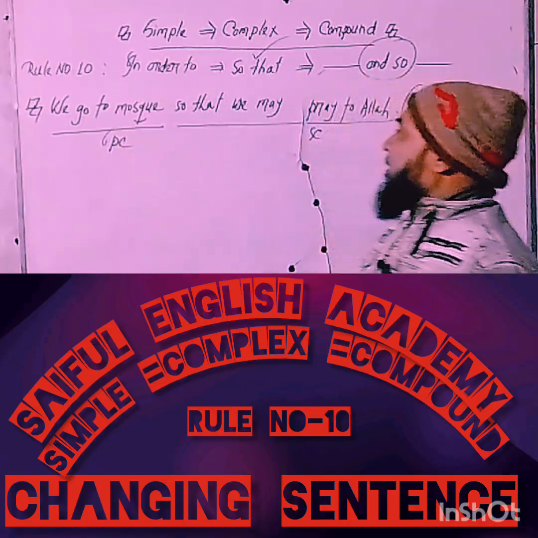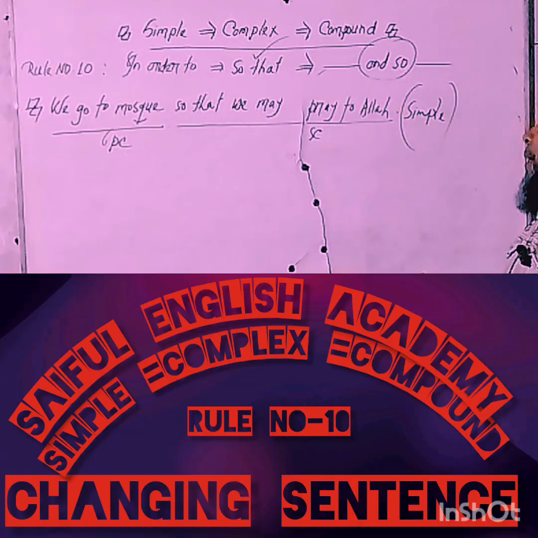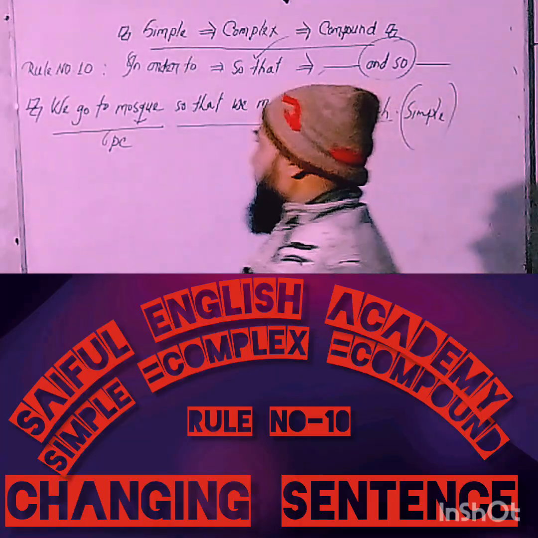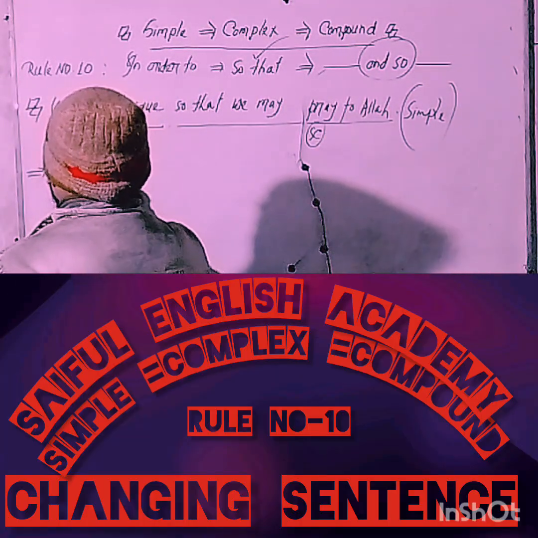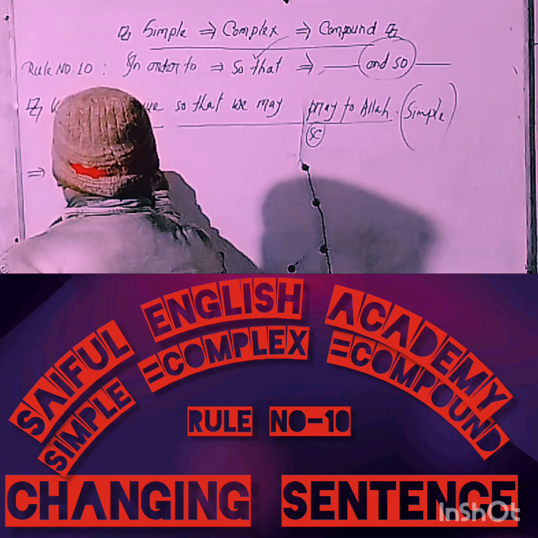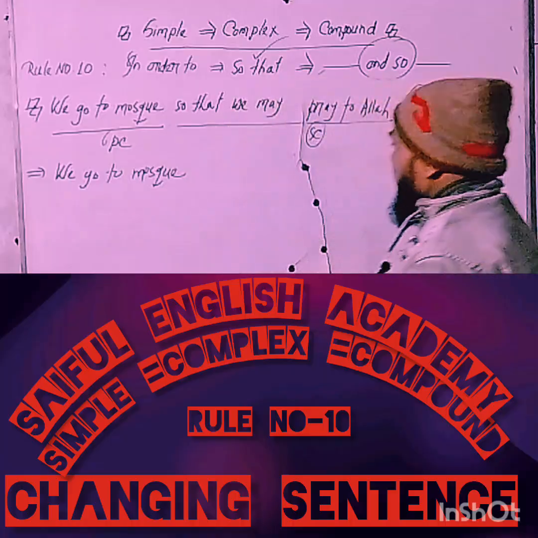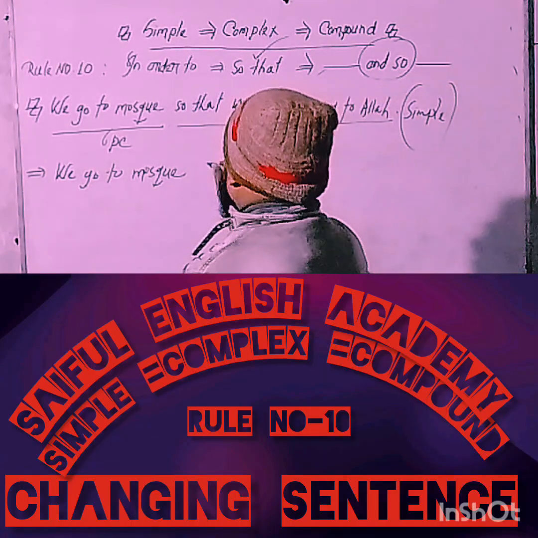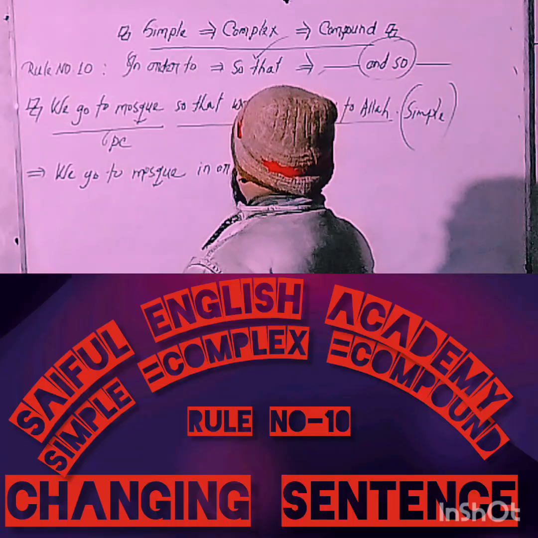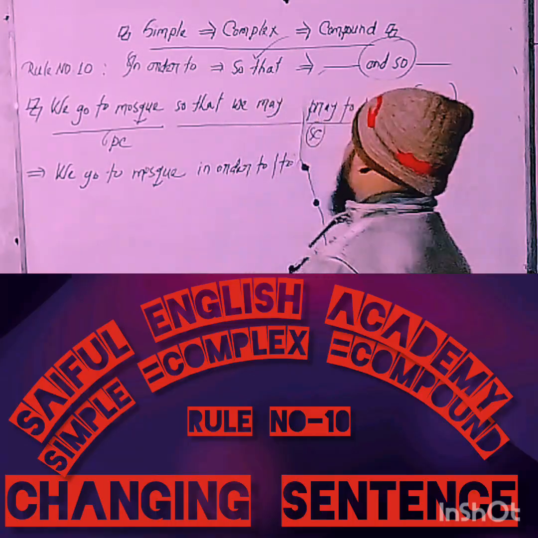So, in this case, to form this statement into a simple sentence, you'll have to form a phrase from the subordinate clause. So, my dear learners, write at first the principal clause, we go to mosque. In this sketch I will have to use "in order to" or infinitive "to."